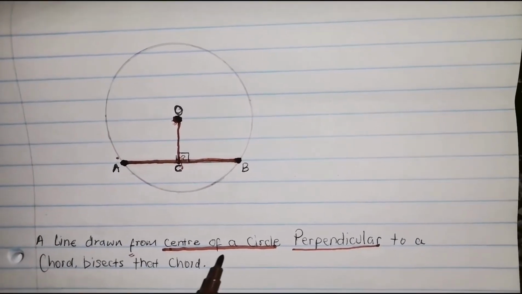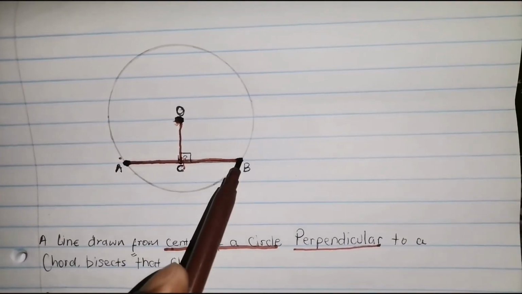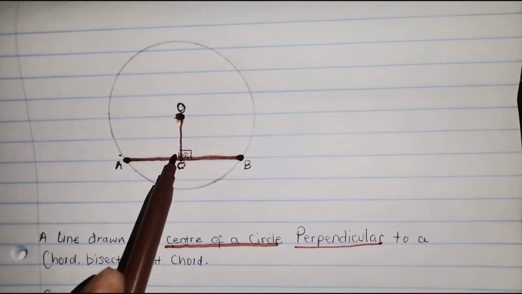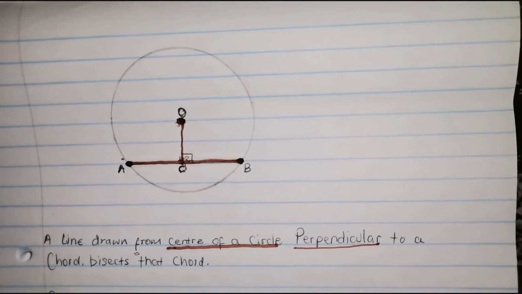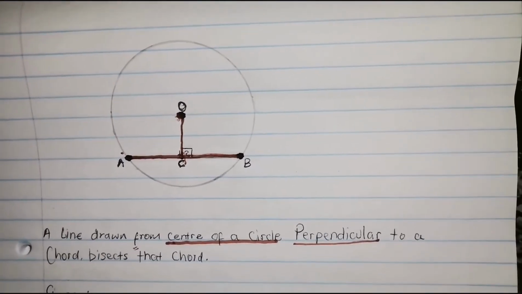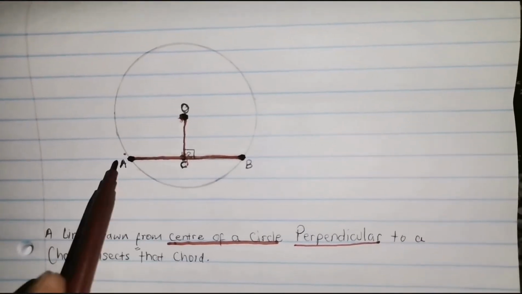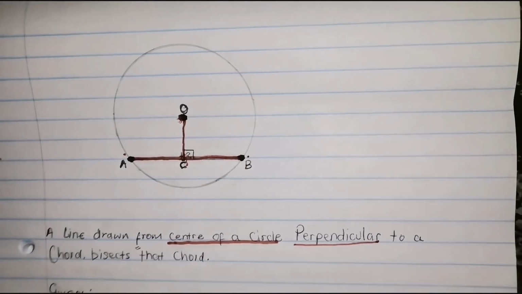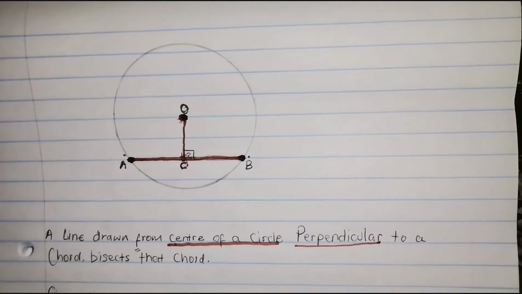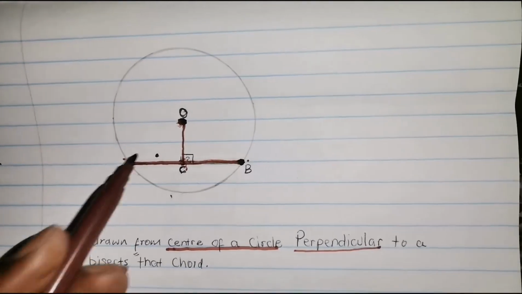So a line drawn from the center of a circle perpendicular to a chord, meaning this line is perpendicular to the chord AB, meaning at point C we have a 90-degree angle, so C2 and C1 are each equal to 90 degrees. They say that this line bisects the chord.